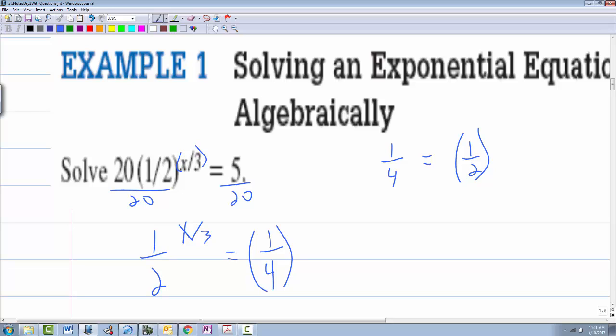Someone said -2. Someone last hour said they tried to do a fractional exponent thing. What do I simply have to do to get this to be 1/4? Square it. So this is 1/2 raised to the x over 3 equals 1/4 equals 1/2 squared.